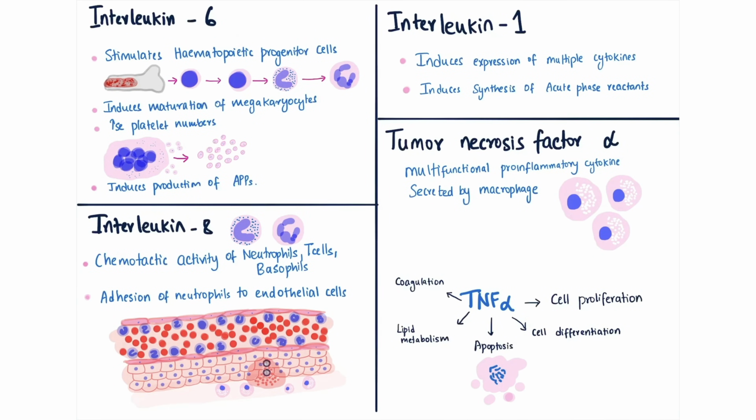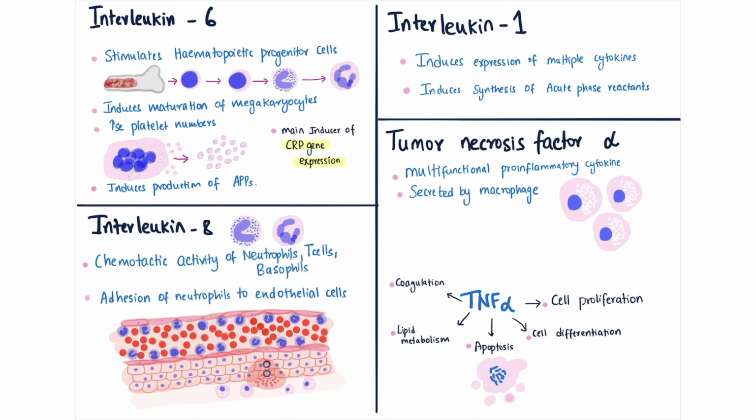Interleukin 6 helps to stimulate the hematopoietic progenitor cells, and it also induces the maturation of megakaryocytes, increasing the platelet numbers in the circulation. It also induces the production of acute phase proteins.